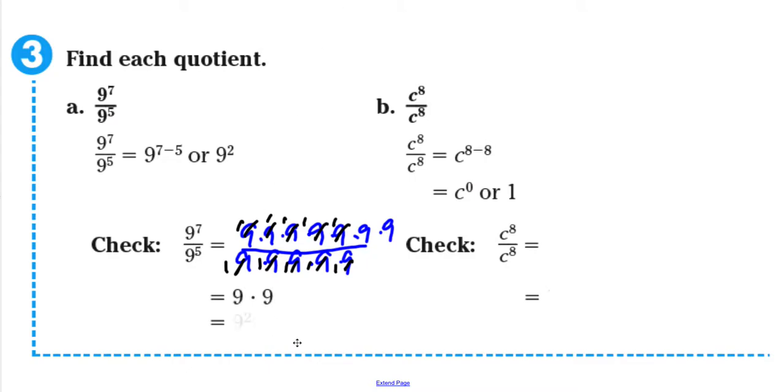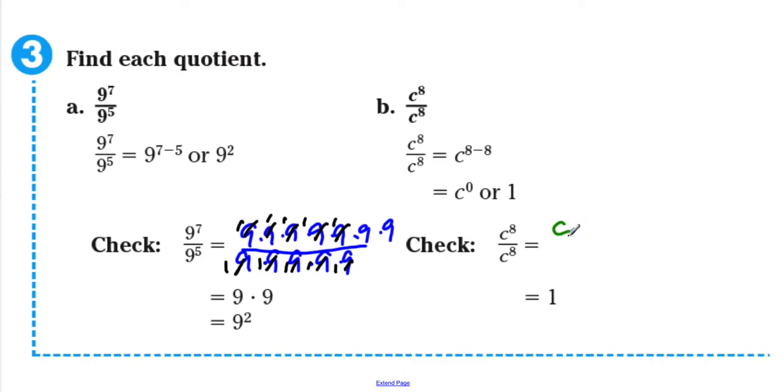Okay, and that's the same thing with letter B. We expand this. We cross out everything. You end up with 1. Let me just explain it.